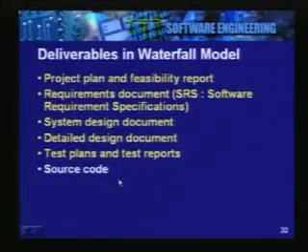Of course, the source code is an important deliverable, and a deliverable which is in an executable form. Unlike other deliverables which are documents, this is a deliverable which would actually be loaded on the computer and executed, and which defines the software contents.